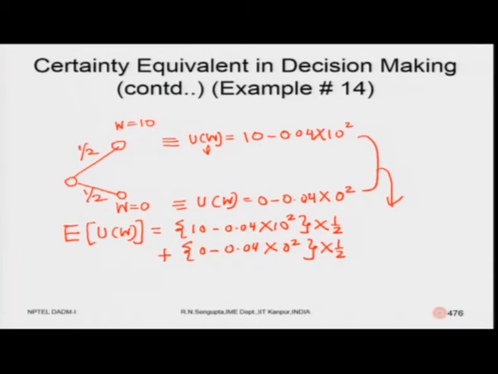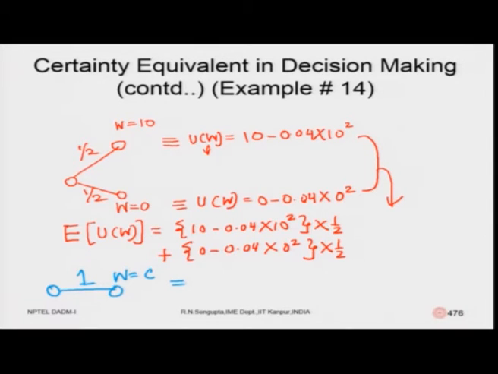Now, on the other hand, let me change the color and come to the certainty value. The certainty value would have a decision like this. The probability is 1 and the w value would equal c.